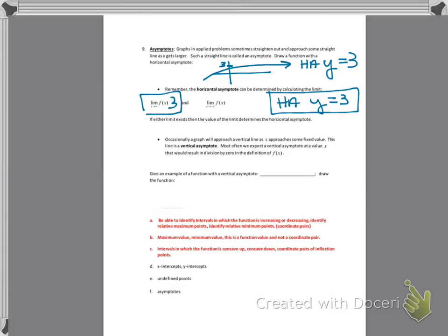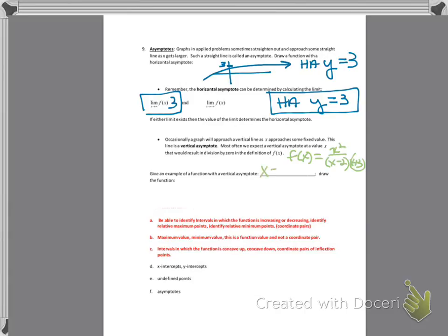The other asymptote is the vertical asymptote. So how do I figure out a vertical asymptote? Well, let's look at a function. If f of x equaled x squared over x minus 2 times x plus 3, I can see that I'm going to have two vertical asymptotes.